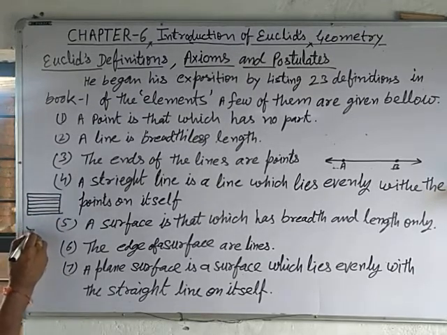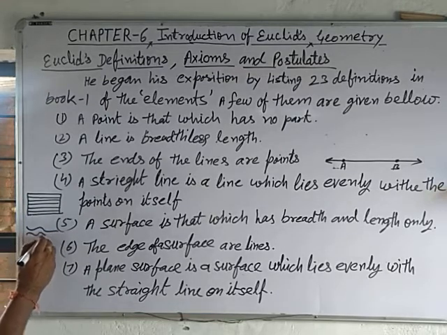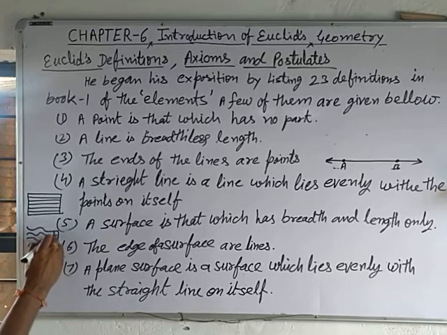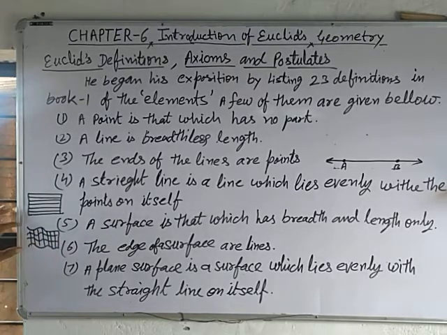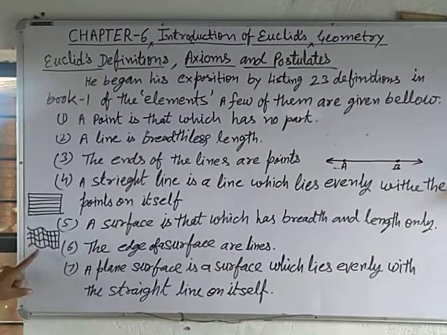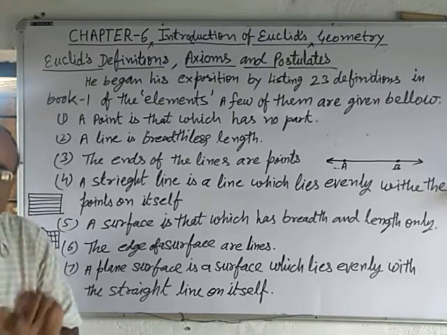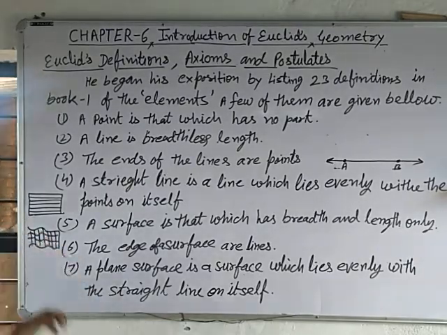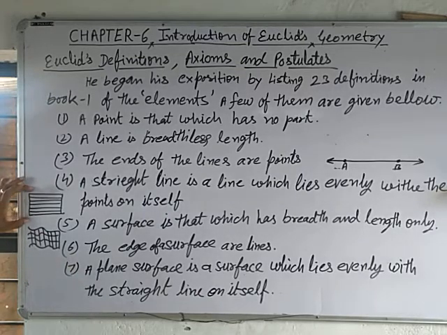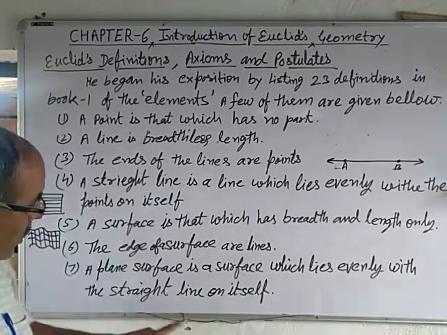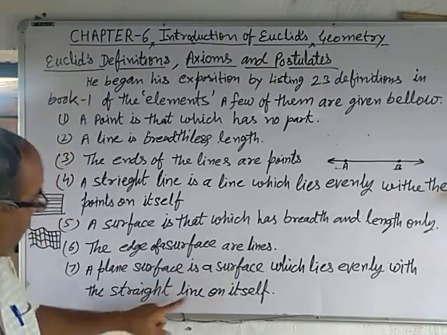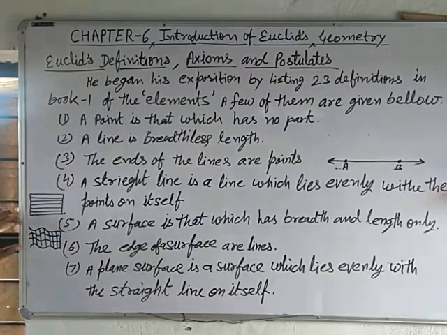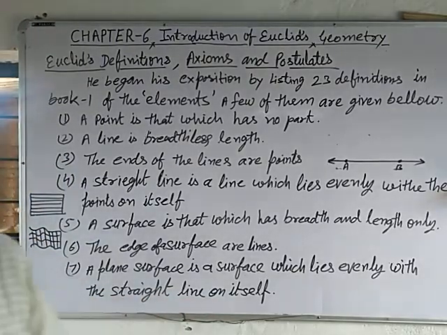If lines are not straight, the surface is not plane. But if the surface lies on itself a straight line, then it is a plane surface, and this is an uneven surface.